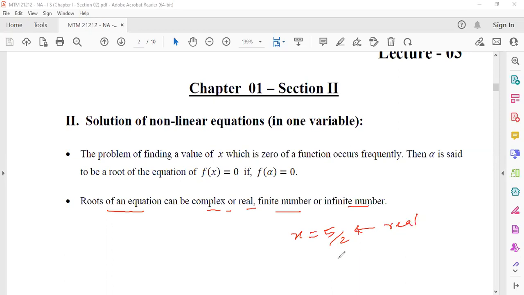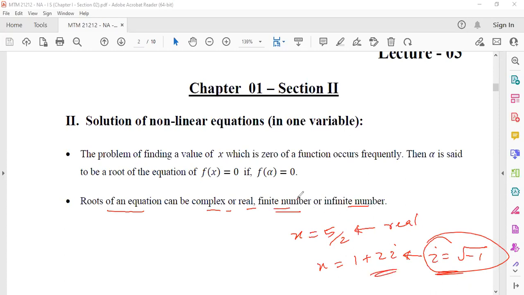Or in some situations, if you are dealing with a complex variable, my answer could be 1 plus 2i. We know i is equal to the square root of minus 1. These things we can study later also. So this is what we call a complex number.